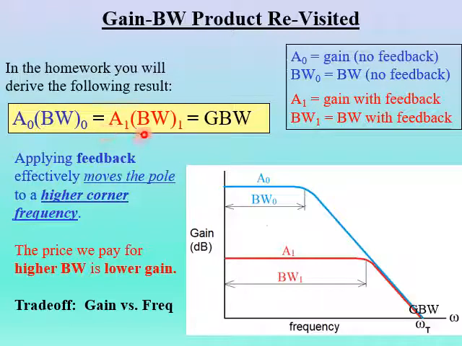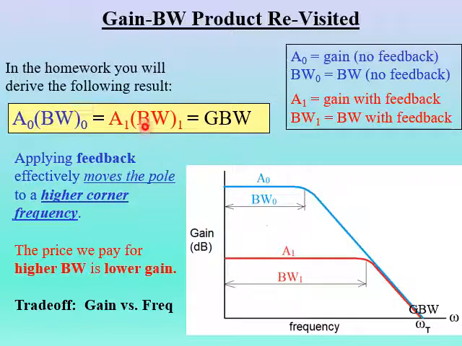But that also works for any other gain and bandwidth with feedback applied. So in other words, we're taking this amplifier that has this Bode plot shown in blue, and this is without feedback. It has a very high gain, but a relatively small bandwidth. By applying feedback, we can lower the gain of the amplifier, and what we get in return is a larger bandwidth.